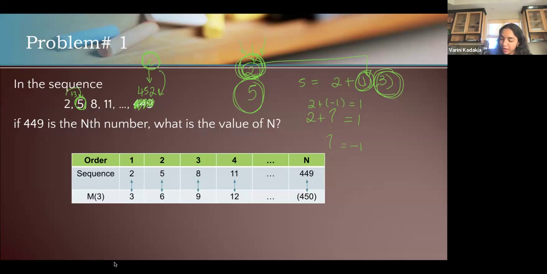So 5 equals 2 plus its position of 2 minus 1 times 3, right? Everyone understand how I got this?